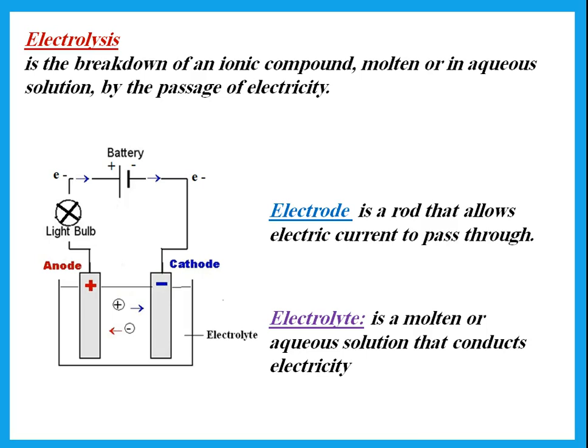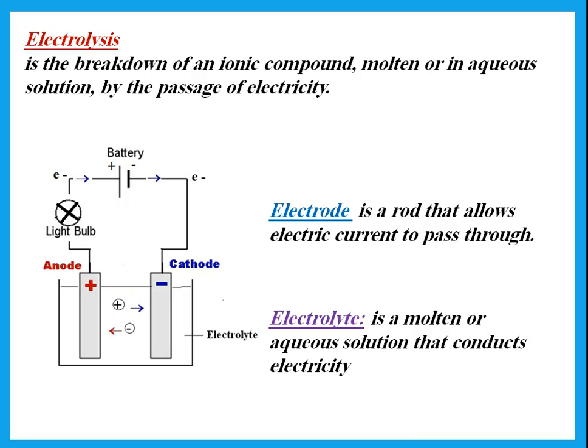Now, what conducts electricity? Either graphite, and if you remember what we said about graphite previously, we said graphite is made up of carbon, so it is a non-metal, and it has free electrons, so it is the only non-metal that conducts electricity.